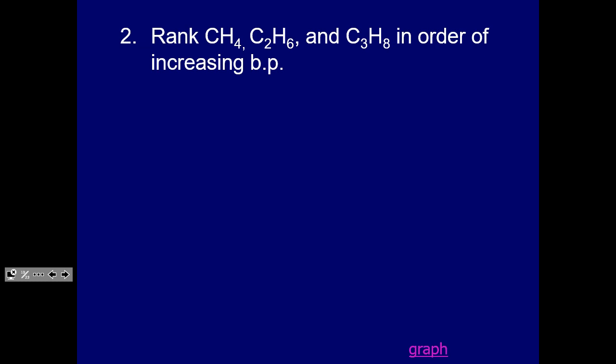Which one's going to be the heaviest? C3H8. The lightest is going to be CH4. Maybe just for the sake of doing the calculations, let's do it, but it shouldn't take us too long. But obviously, they're getting heavier with the more atoms there are. So therefore, C3H8 should be the highest.